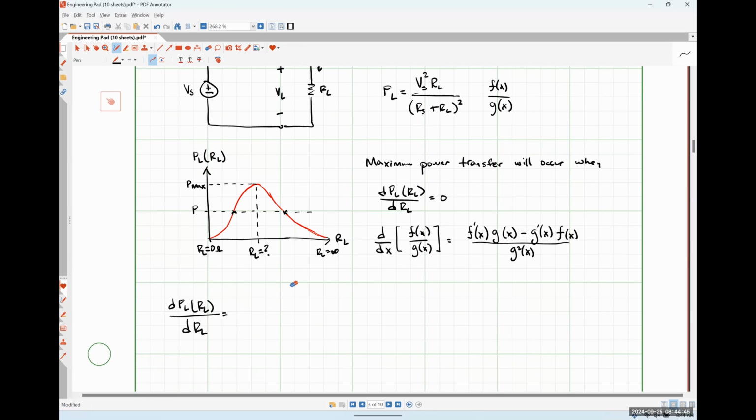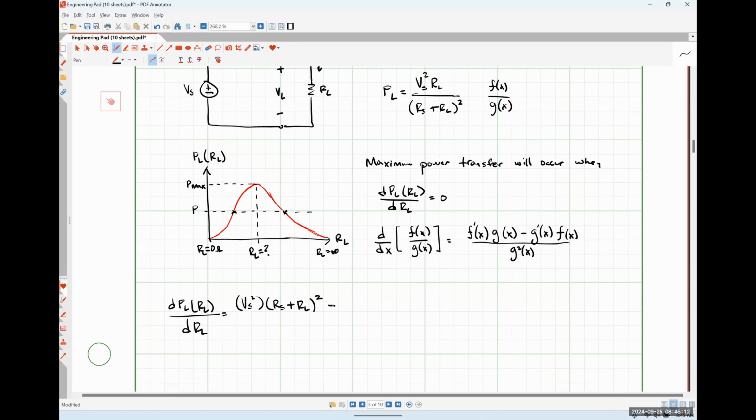Okay, so what's the derivative of Vs squared times RL with respect to RL? I think it's just Vs squared, right? And now we'll multiply that by our g of x, which is Rs plus RL quantity squared, minus, now we need the derivative of our denominator.